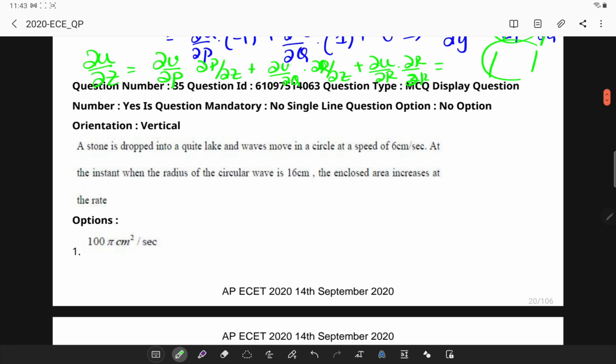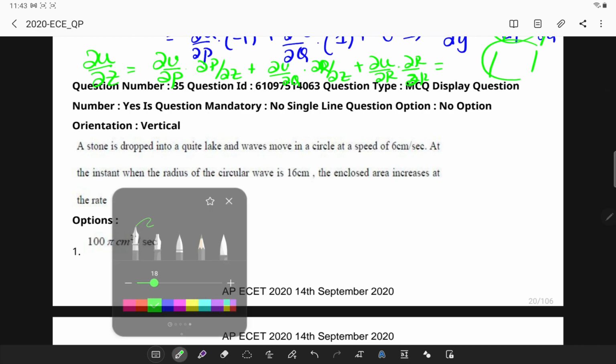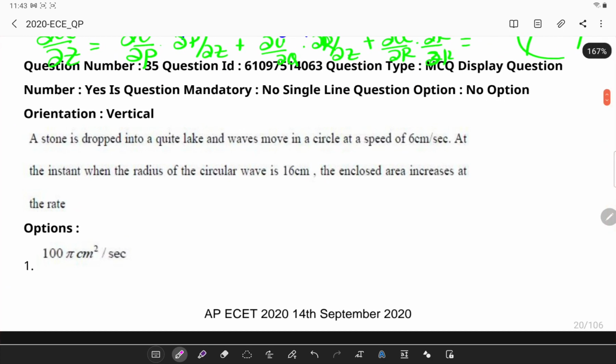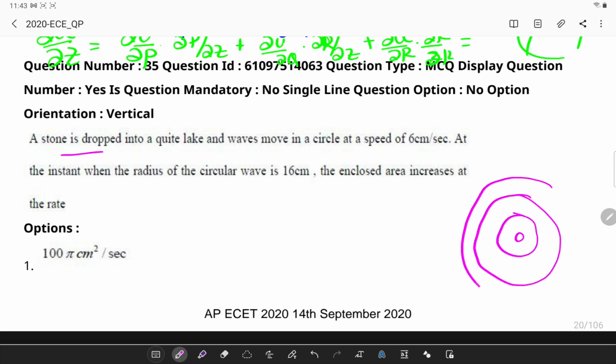Next, this is a tricky question, so the student has to understand the concept. If I throw a stone into a pond, I'll get ripples and they will have a radius.